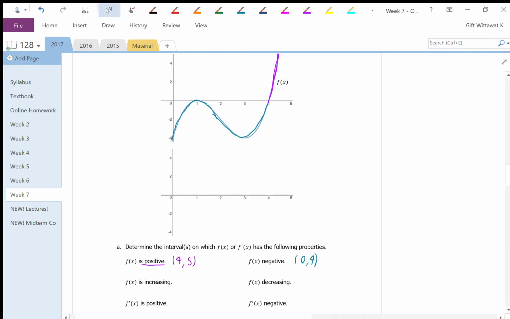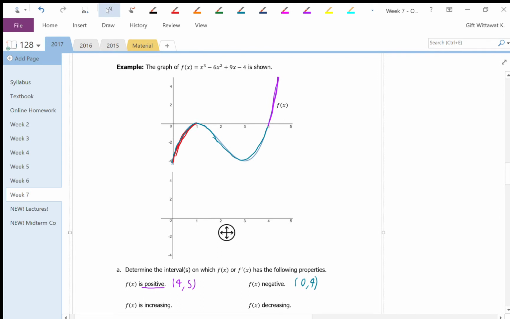My function is going to be increasing when it goes up. And you can see that it goes up here from 0 to 1 and from 3 to 5. Wait, it's actually to 4.5.